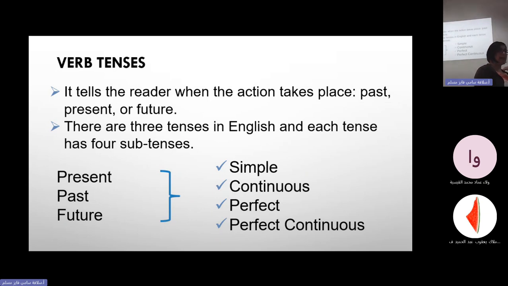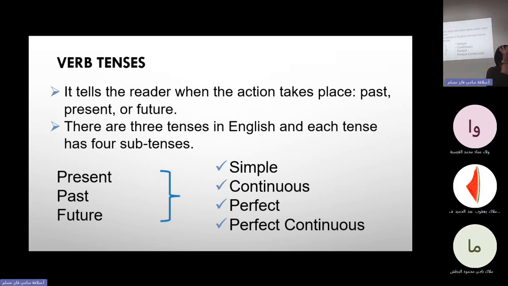Is it in the past, in the present, or will it be in the future? So there are three main tenses in English: past, present, and future. And for each one of these, there are 4 sub-tenses. Okay? يعني simple, continuous, perfect, وperfect continuous.